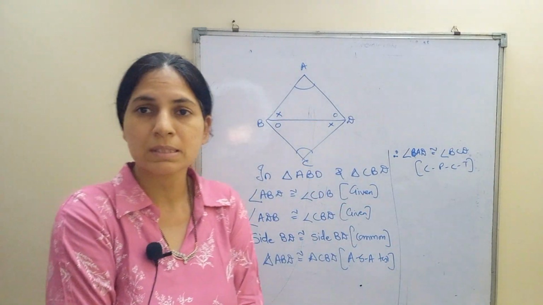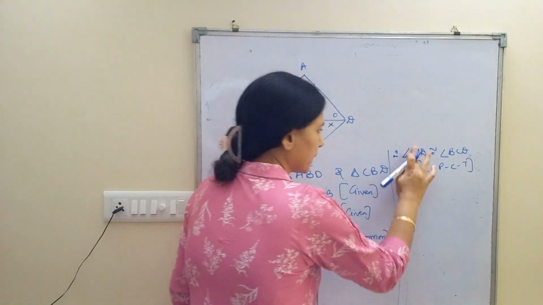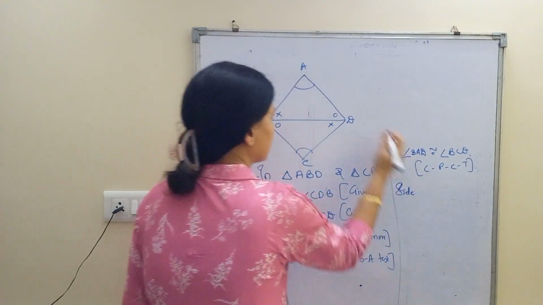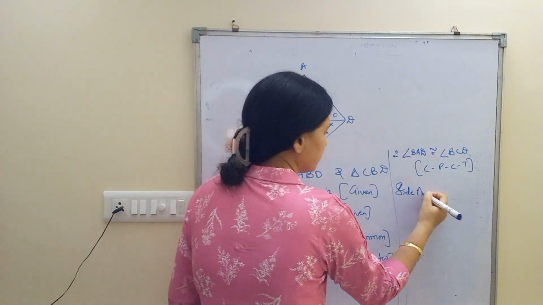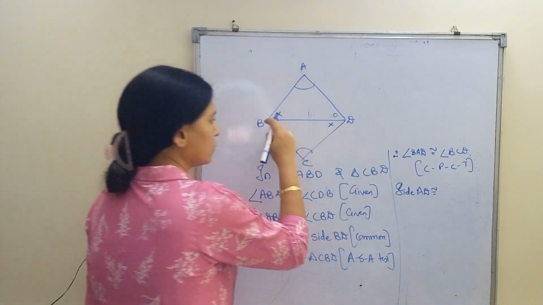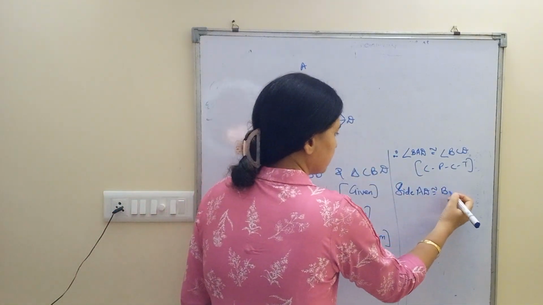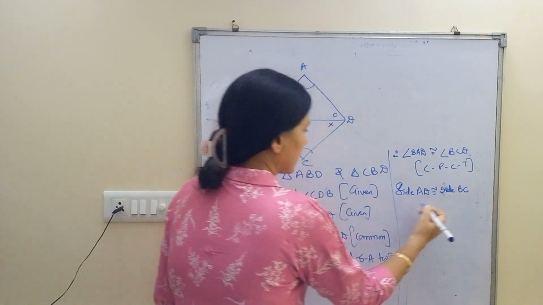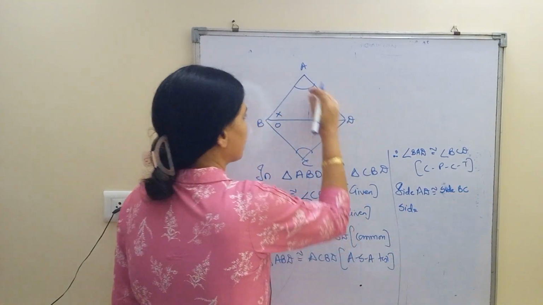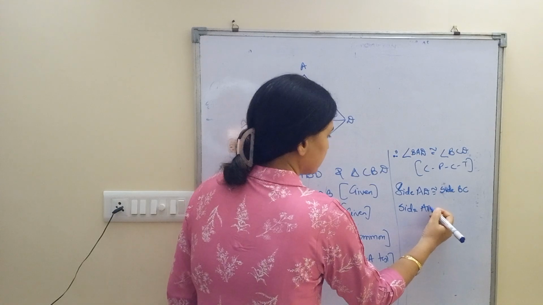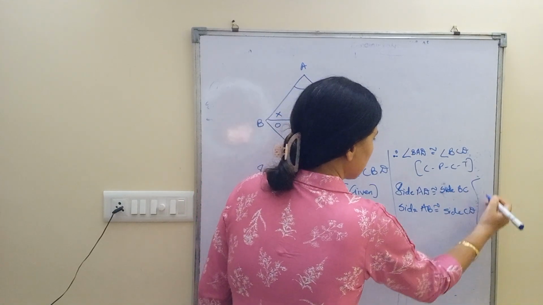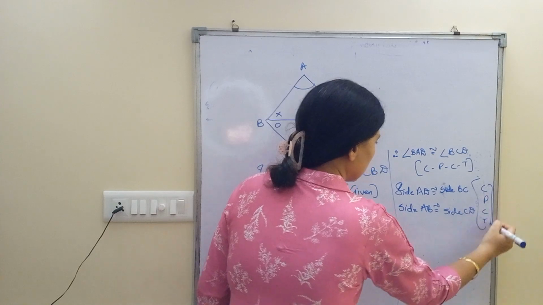It's so easy to remember. Next is side AD congruent to BC. And side AB is congruent to side CD. Reason? CPCT.